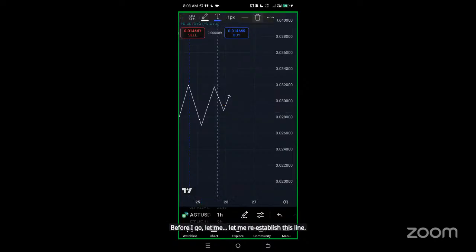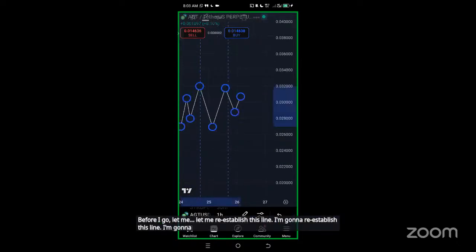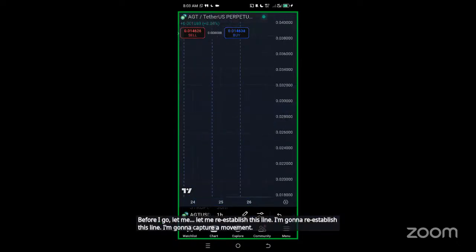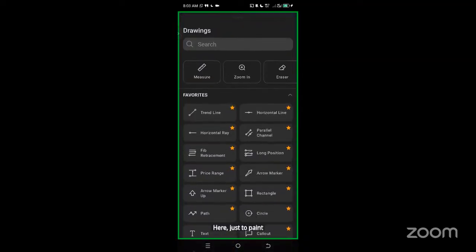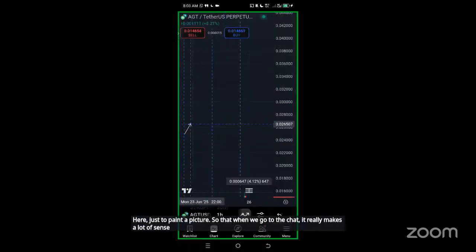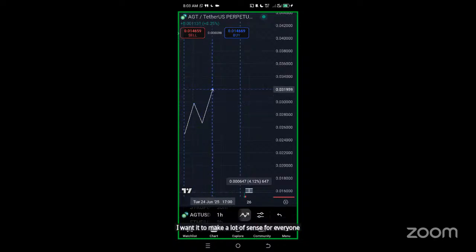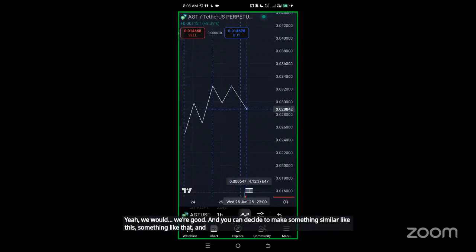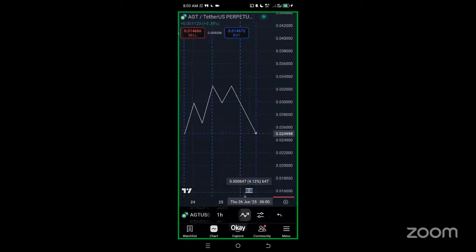I'm going to capture a movement here just to paint a picture so that when we go to the chart, it really makes a lot of sense for everyone, and they can decide to make something similar to this. Then I drop to this point, maybe this point, maybe there.